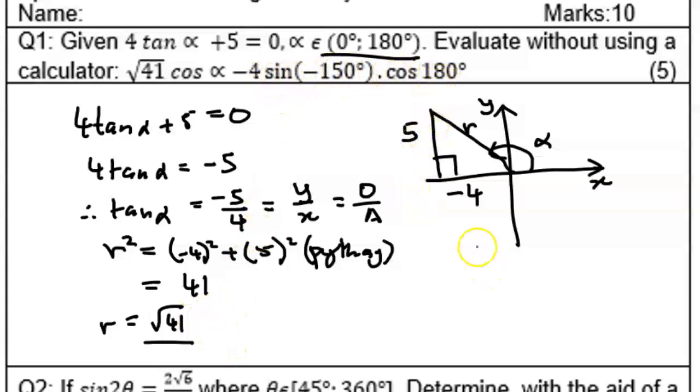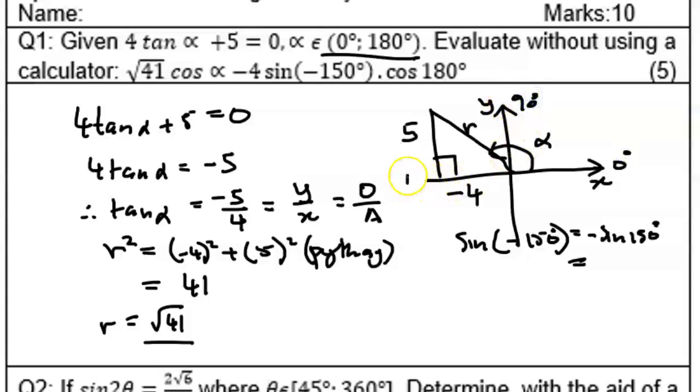So let's quickly look at that. What would you do to sine of minus 150? So sine of negative 150 degrees is going to equal minus sine of 150 degrees, which is equal to, now remember that 150 degrees is in your, which quadrant is it?